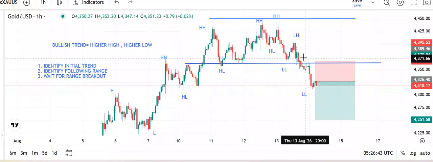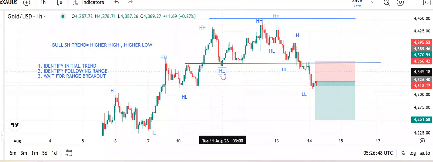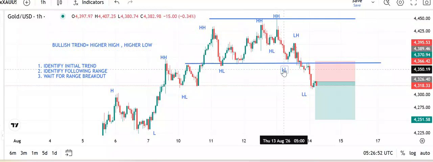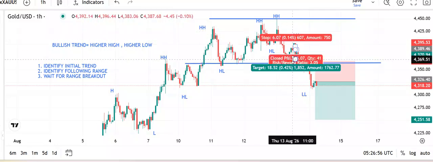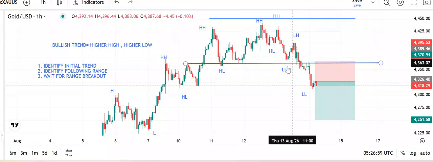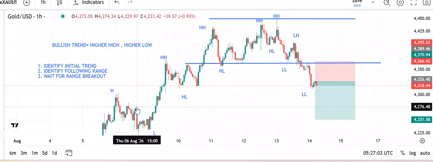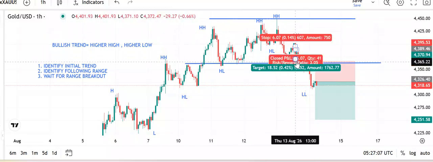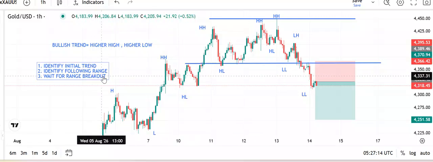Now you have your range breakout happen here. Higher high, higher low, higher high, higher low, higher high, lower low, lower high. At the point of lower high, if price breaks the first lower low, when the trend shifts from bullish to range, by the time you see a break of the lower low, then you have your breakout.